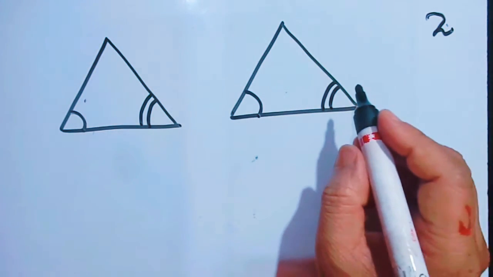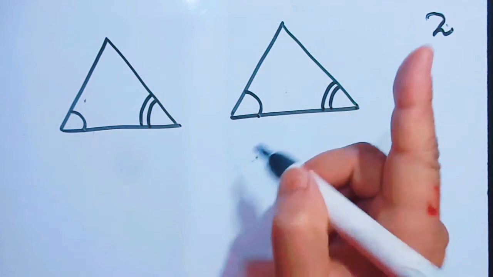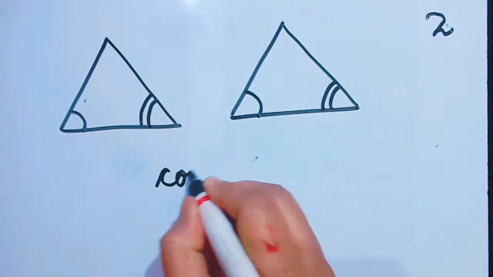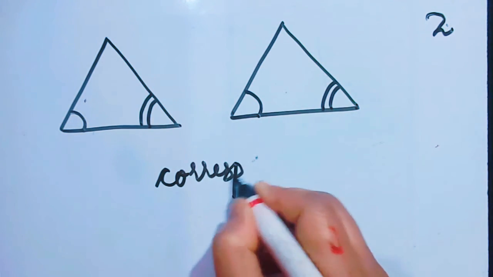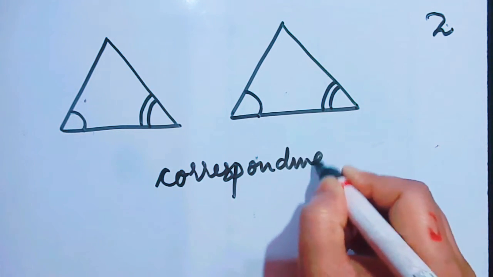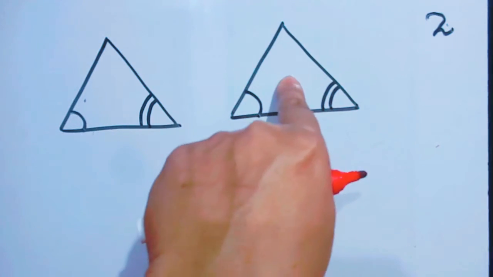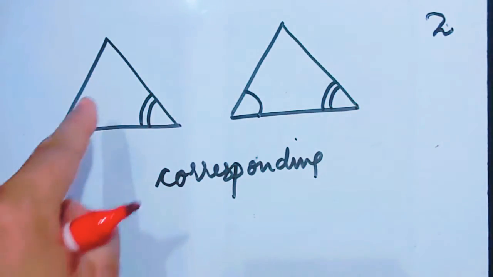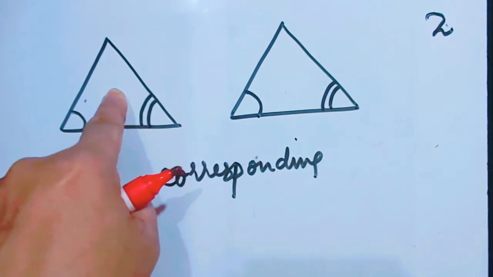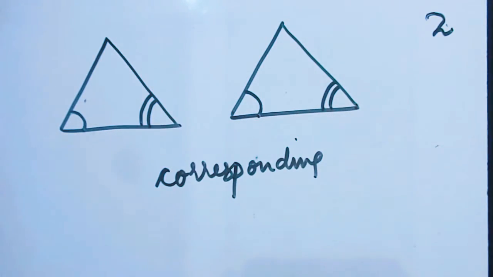And any of the corresponding side, once again we are using corresponding, means the way it is given here, in the same way it should be there. As it is given here, it should be in the same style and same format.